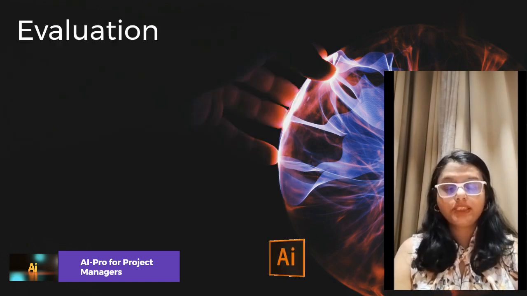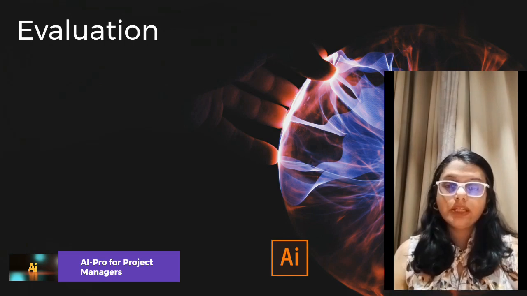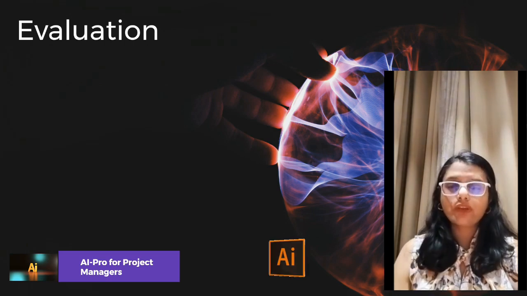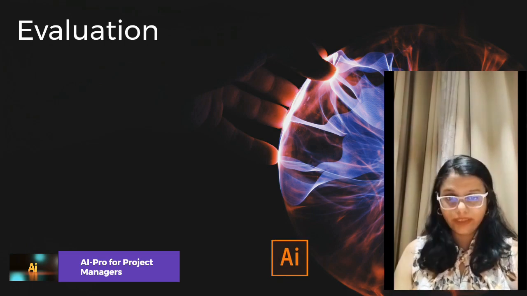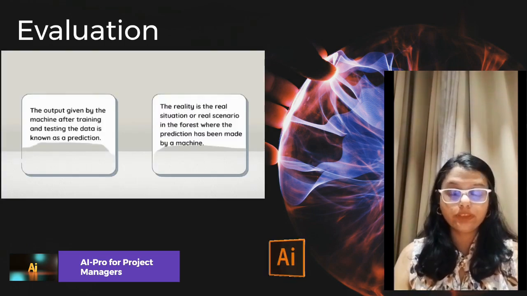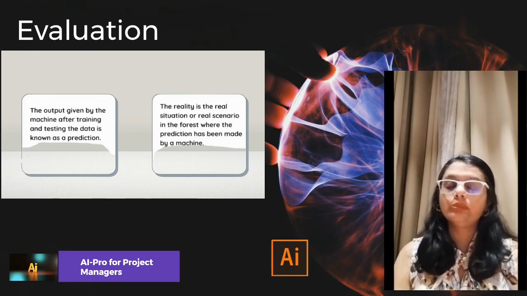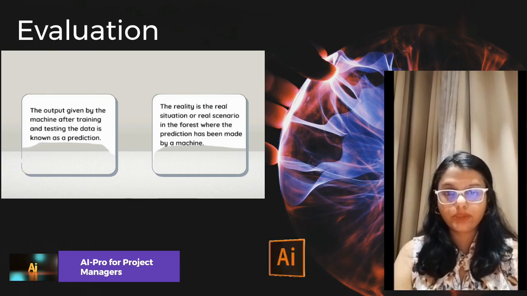The last stage in the AI cycle is evaluation. Evaluation is a process of critically evaluating the AI models which have been introduced in the previous stage. We are looking for the performance of the AI model in this particular stage.